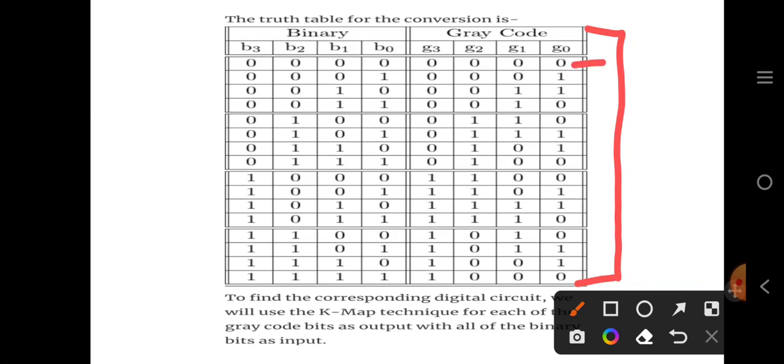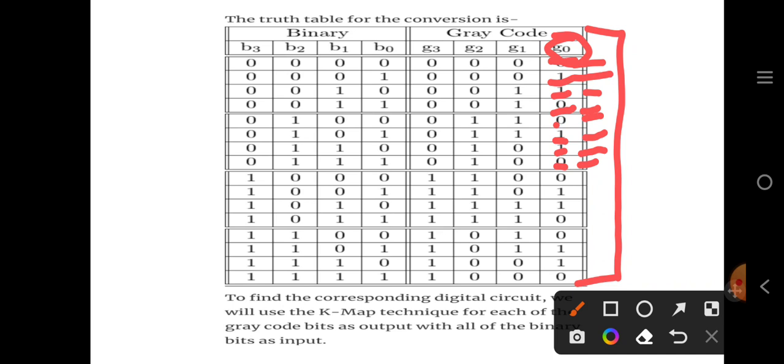If you compare these two, there is a difference between this 0 and 1. If you compare these two, the difference is here. If you compare these two, the difference is here. If you compare these two numbers, then the difference is here. It means you can see in the last bit, that is G0, only 1 bit is changing.